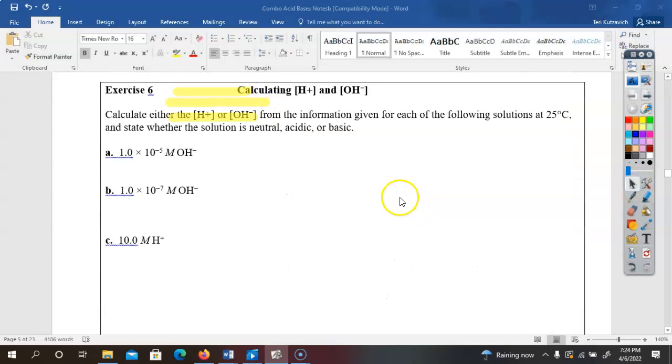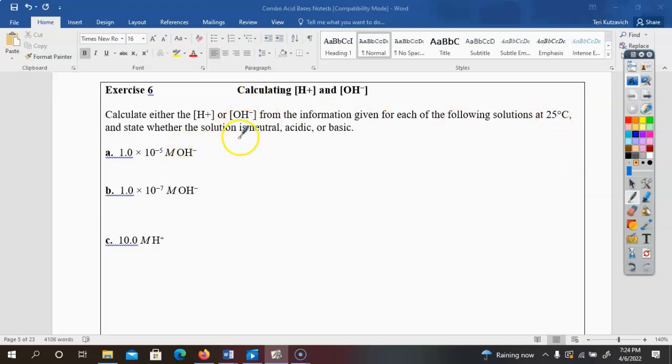All right, I want to look at this. This is the most important part. Calculate either the H plus or OH negative from the information given. State whether the solution is acidic, basic, or neutral. What I think is easier is just to find your H plus and compare it to your OH negative. Or you can find your pH.